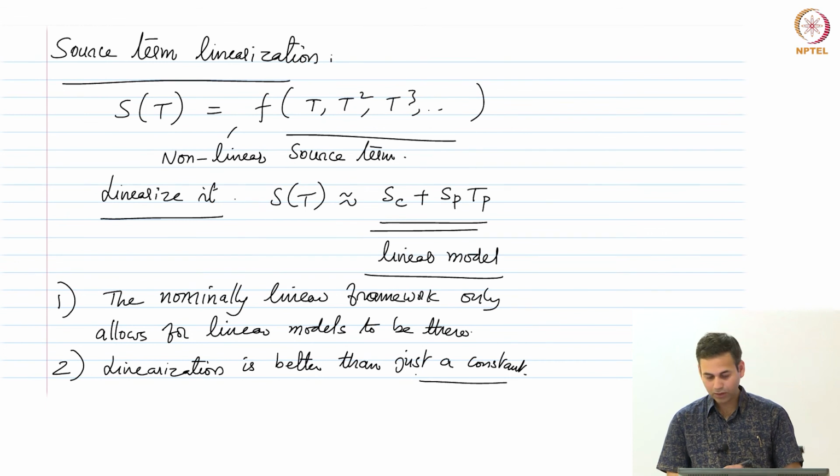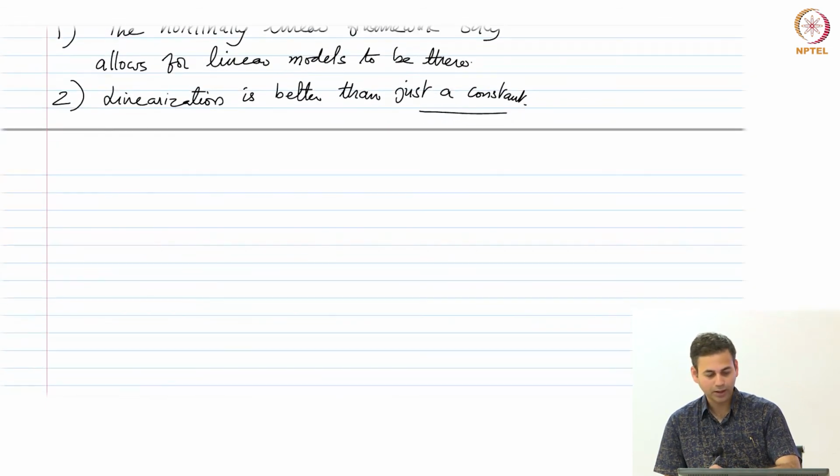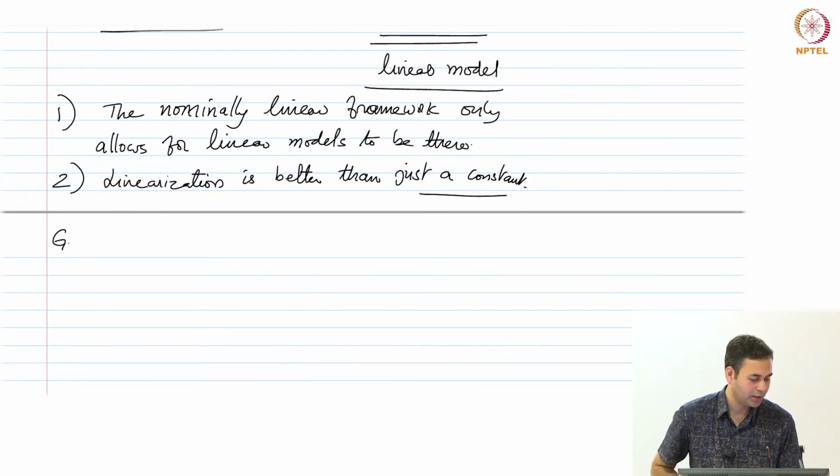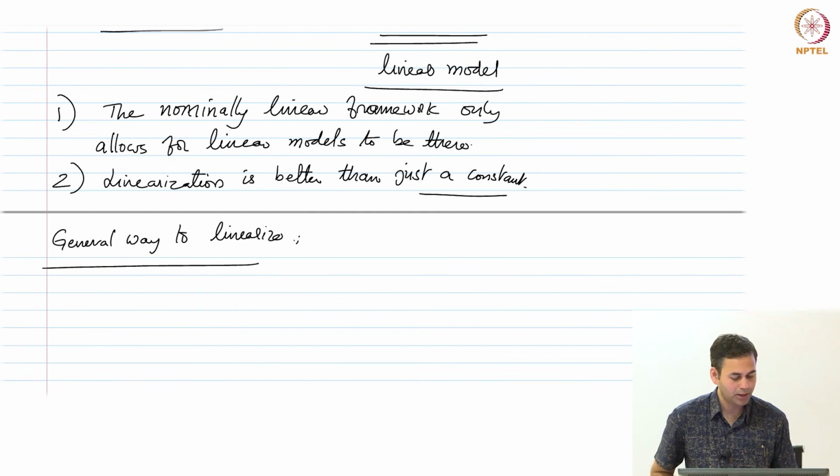Now, the general way to linearize any source term is to use Taylor series expansion.